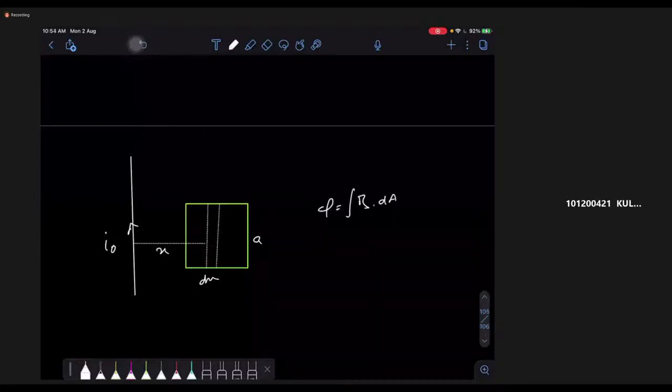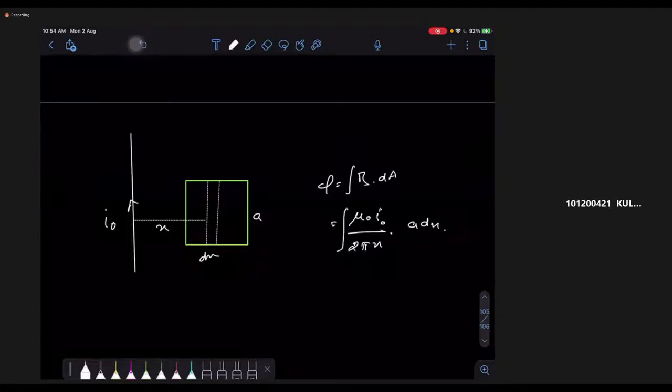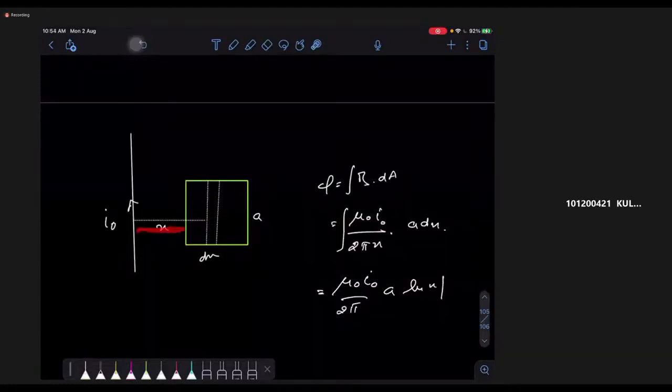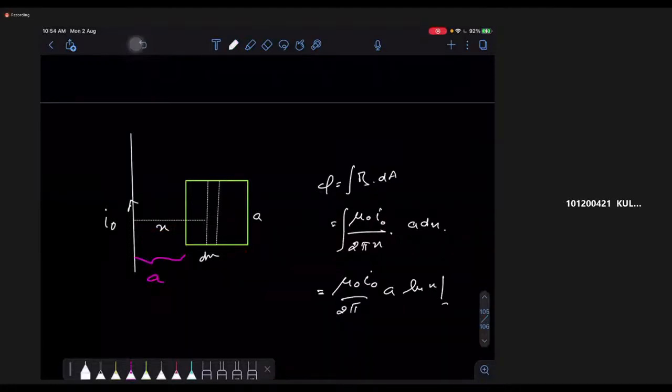The magnetic field because of the current wire is mu naught I by 2 pi x, and the area here is a dx. Integration gives log x, and the limit will go from the left side to the right side. This is given as A, so my limit will go from A to 2A. So this is our magnetic flux.